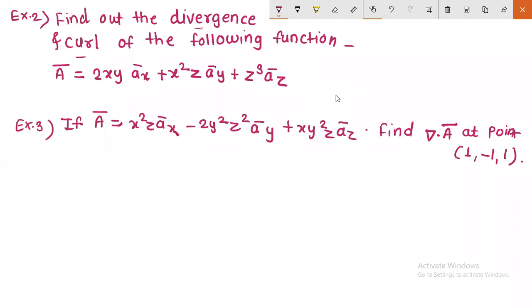Here simply again del dot a bar, but you have to consider this point P with coordinates 1 minus 1 and 1, which are your x, y and z coordinates. So put these values and write the final equation. This is your homework.